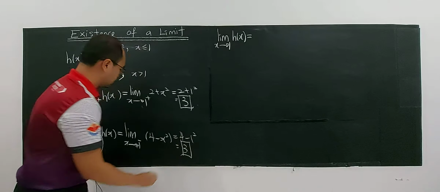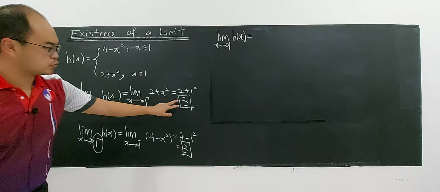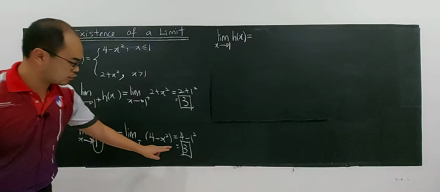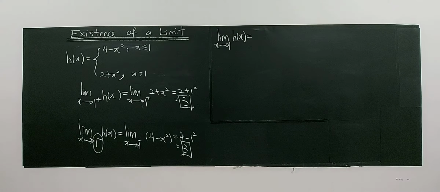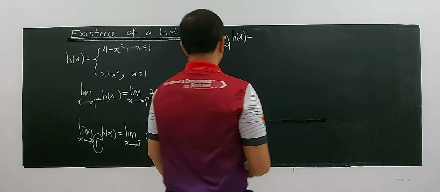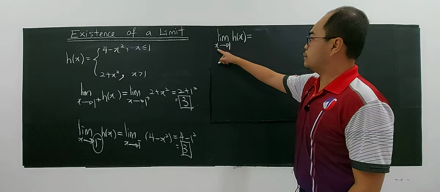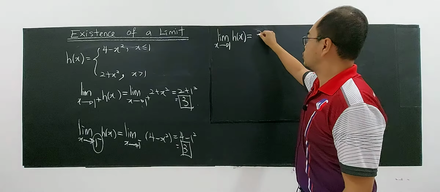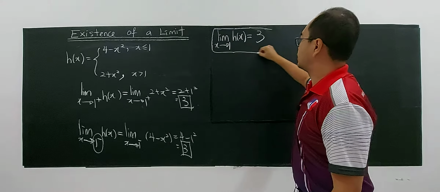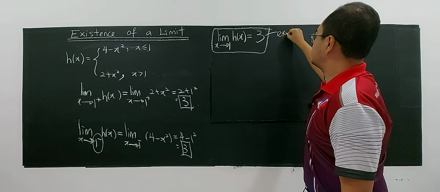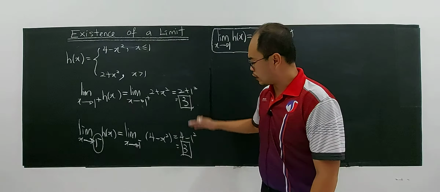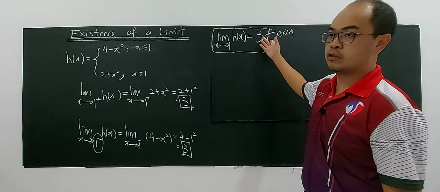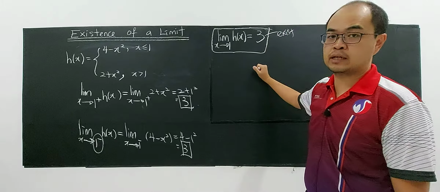Then you can see that the right hand limit you have 3, the left hand limit at 1 you have 3 also, right? So both values are the same. So it means that the limit as x approaches 1 also exists and is 3. The limit exists. Exists means there is a value, right? But if these two values are different, then there is no value for this, so we just state it does not exist.